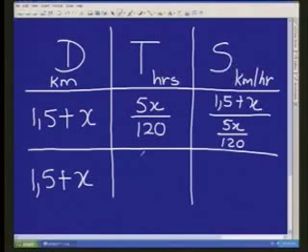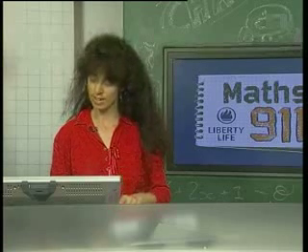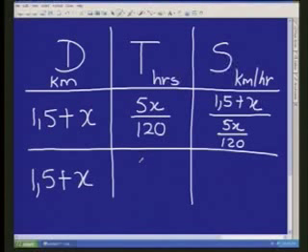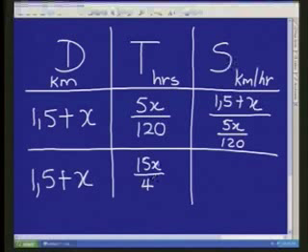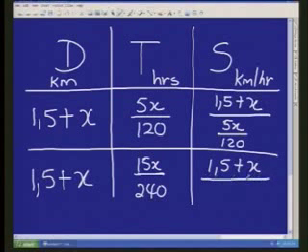Right, and the second scenario was when the train slows down: same tunnel, same train, but now it takes 3¾X minutes, which we change to hours, so we divide by 60. So 3¾X is 15X/4, divided by 60, which simply gives us 15X over 240. And so what is the speed now? Distance over time.